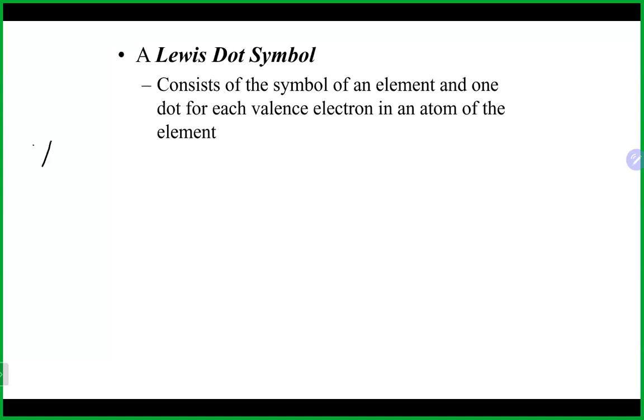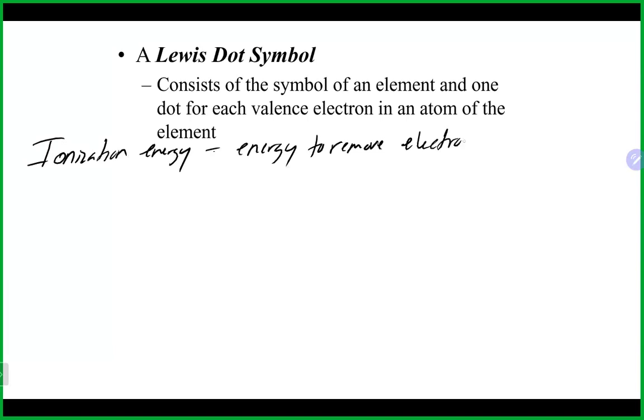As I mentioned before, there is ionization energy, that energy to remove an electron. And on the periodic table, it increases as you go up and to the right, and decreases as you go down and to the left.